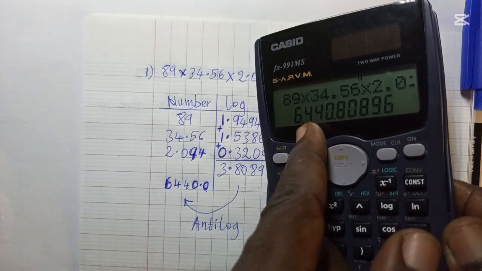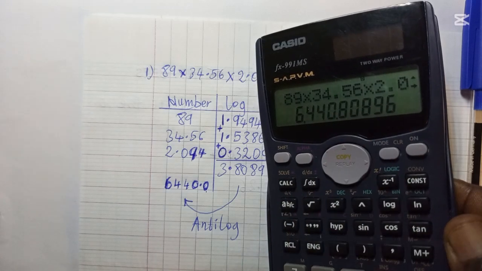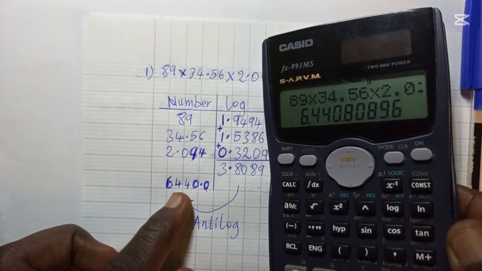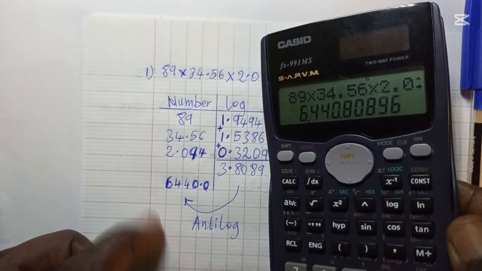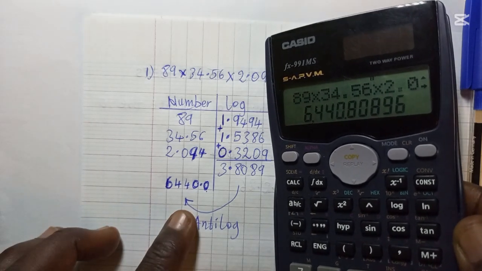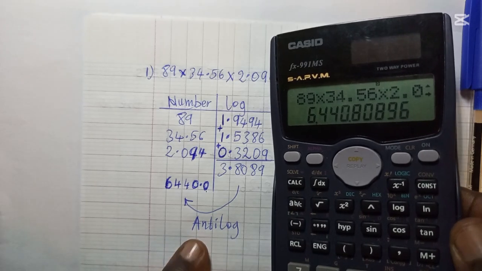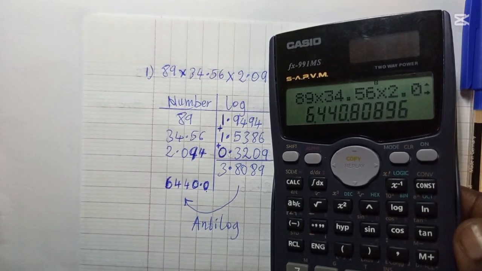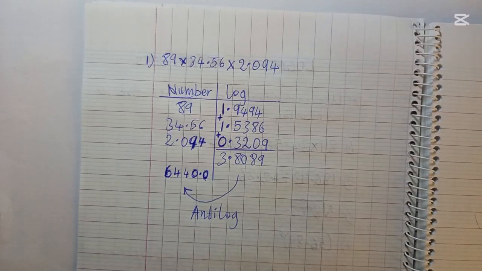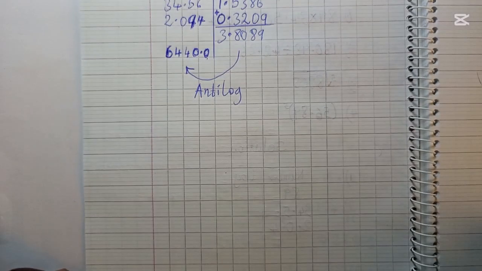So look at the answer it gave us: 6440.80896. If you compare the first 3 or 4 digits here, you see that they are exactly the same. So we'll move to number 2.